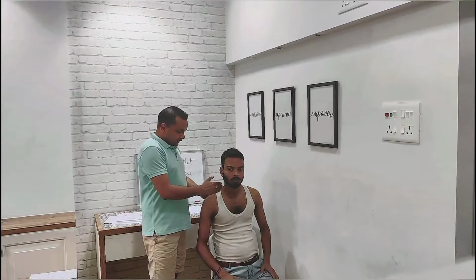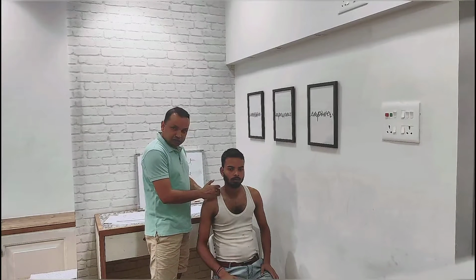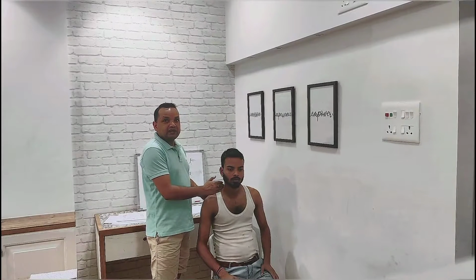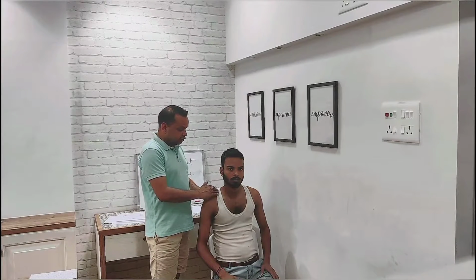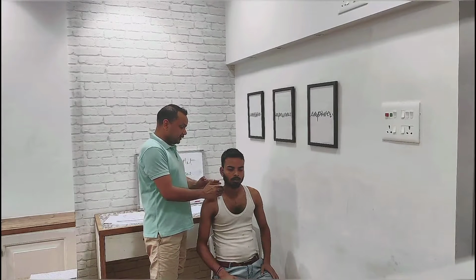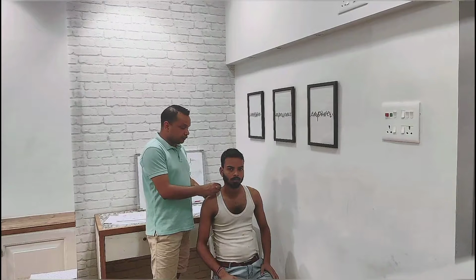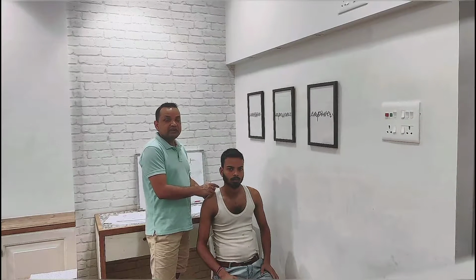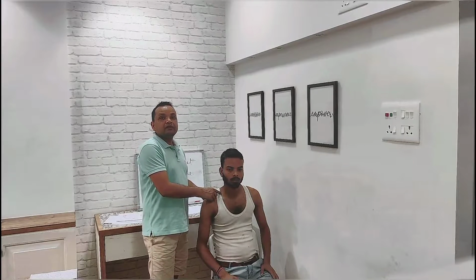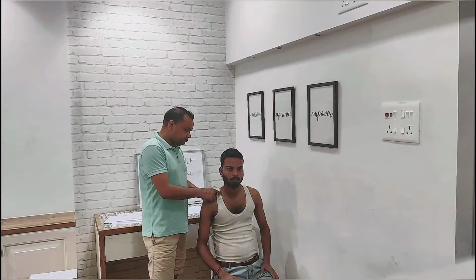This happens in the scalene triangle, the space formed by the anterior scalene muscle, the medial scalene muscle and the superior border of the first rib. When the scalene muscles are tight, they compress the structures, and the neurogenic type is the commonest here. It compresses the brachial plexus.